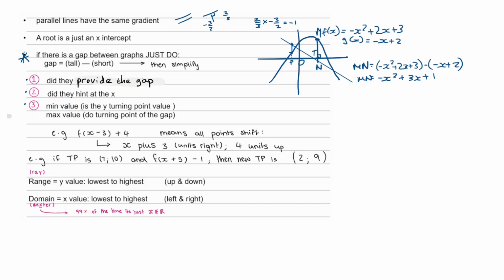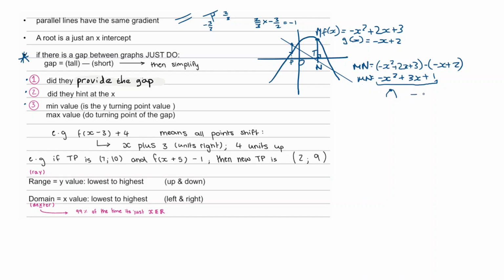Or at its toughest, although it's not too bad, did they ask what is the min or maximum value that mn will ever be? And what I like to do is think of this as if it's a parabola. So it's not this parabola, it's not this straight line, it's just an expression, but think of it like it's a parabola. Then you'd see, oh, okay, it's sad. And so if I do want the maximum length of mn, then all I need to do is just work out the turning point.